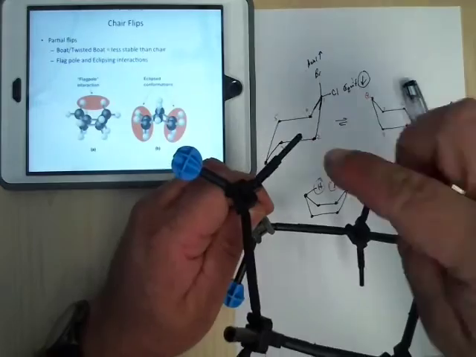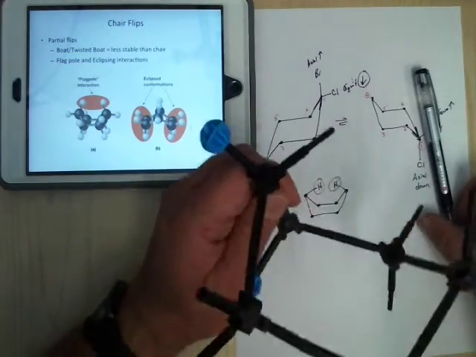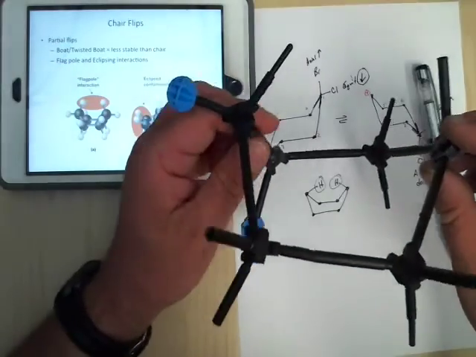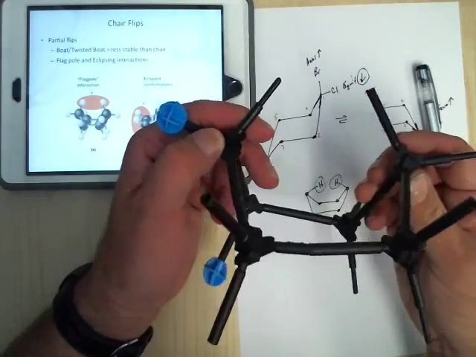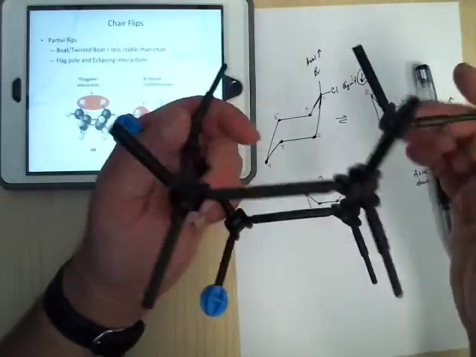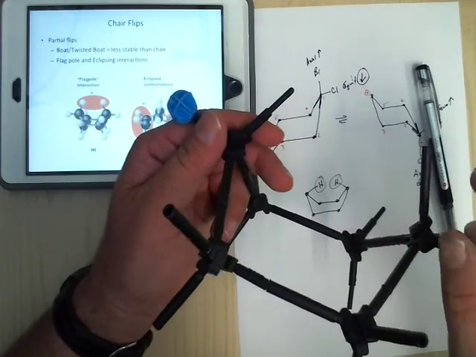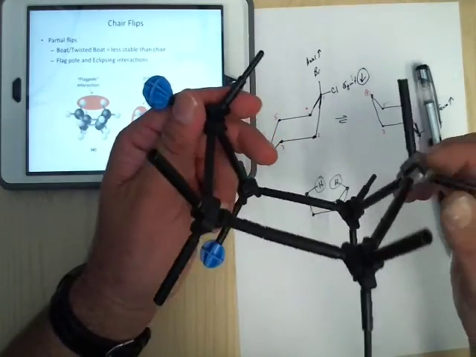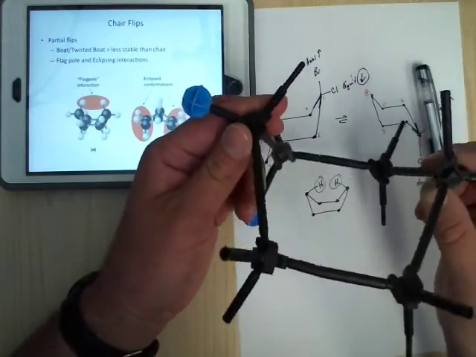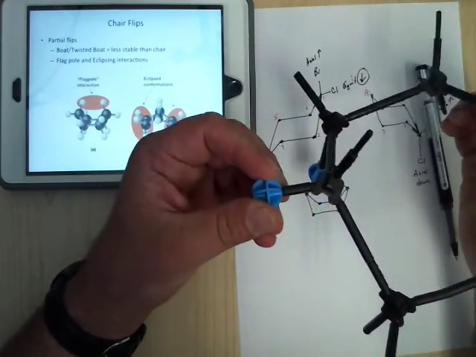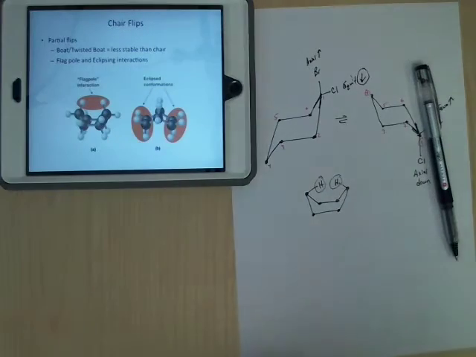This is what's called a flagpole interaction. That's bad. And 99.99999% of the time, the boat configuration is going to be the least stable. So if you have a boat versus a chair, with some very, very notable exceptions, it's going to be the chair conformation that's the more stable of the two. You have a lot of eclipsing interactions here, so it's not good.